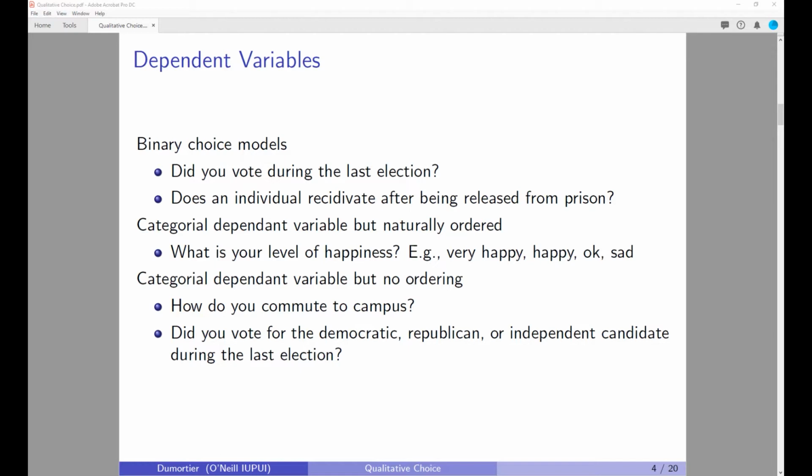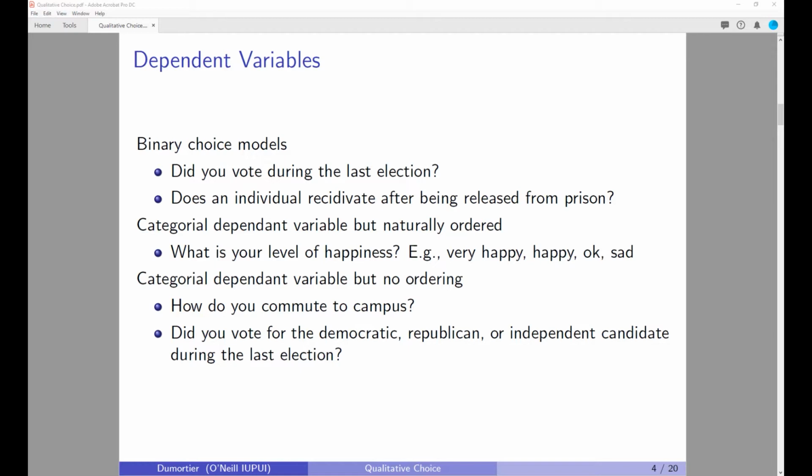There's a natural ordering here, in the sense that very happy is ranked higher than happy, and happy is ranked higher than okay. In the second model that we are going to look at, called a multinomial logit, we are going to relax this assumption of natural ordering, in the sense that there is no ordering at all.